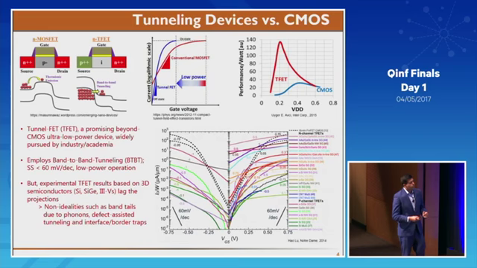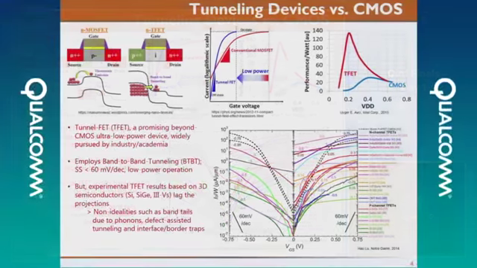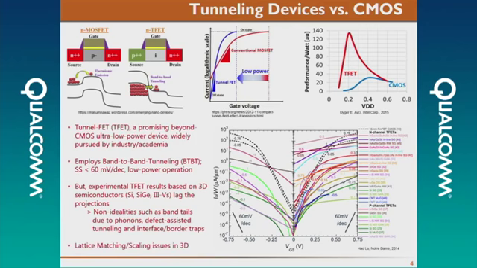In fact, if you look at this plot over here, which is a compilation of experimental TFET results, you can see that devices that have good on-state performance have extremely poor subthreshold swings, whereas devices that have decent subthreshold swings have extremely poor on-state performance. Besides, 3D materials suffer from an inherent scaling issue, and 3D heterostructures suffer from strict lattice matching issues.